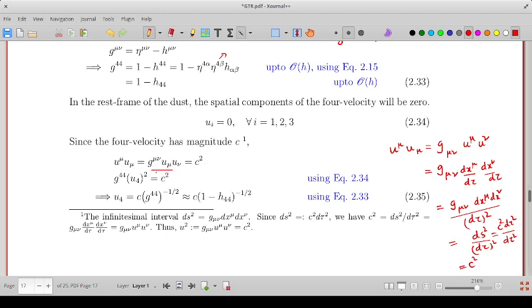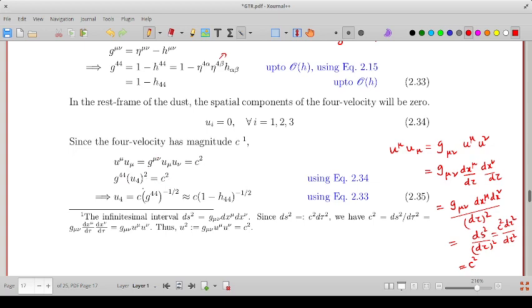Now, if we look at the left hand side of this equation, in the rest frame of the dust, we see that the spatial components are all 0. So unless μ is equal to 4 and ν equal to 4, one of these velocity components will be 1, 2, or 3, in which case the product will be 0. So the only surviving term in the sum on the left hand side corresponds to μ equal to 4 equal to ν. So the left hand side can be written as g_44 (u^4)² equal to c².